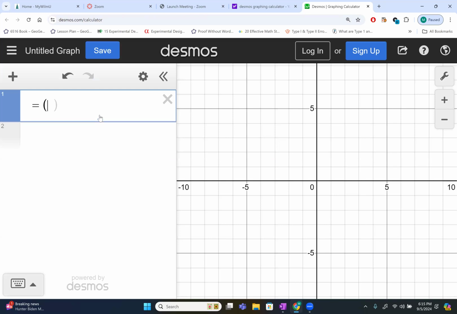So this is equal to parentheses 3x plus 2, and this is divided by 2x plus 4.